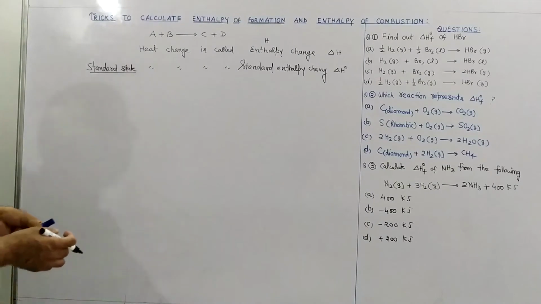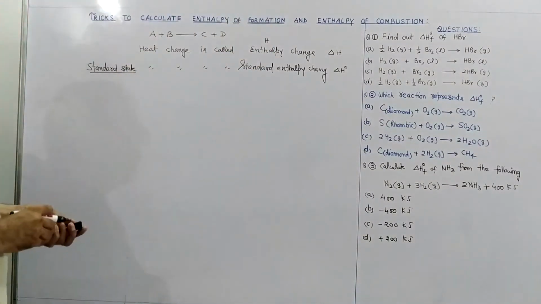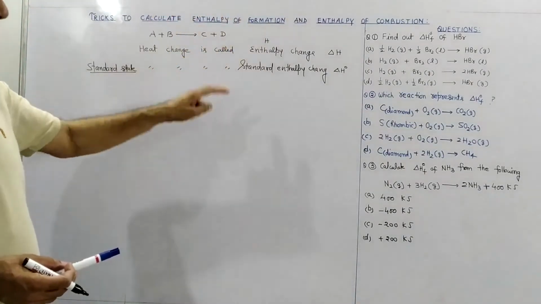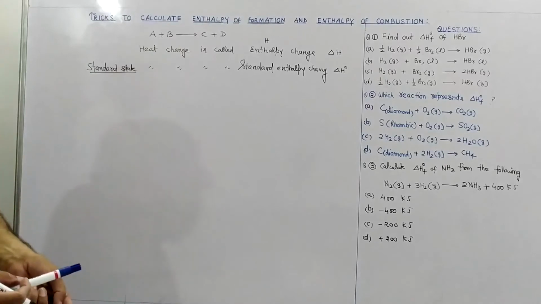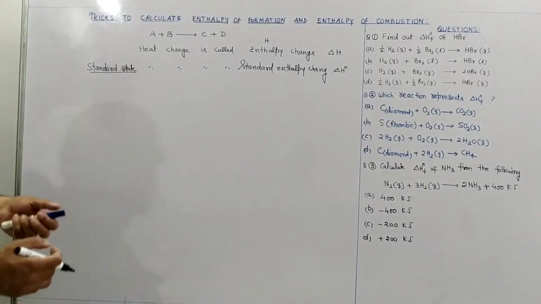So now students, what is enthalpy of formation? As the name indicates, some compound is forming here, so the enthalpy change during formation of 1 mole of compound is called enthalpy of formation.